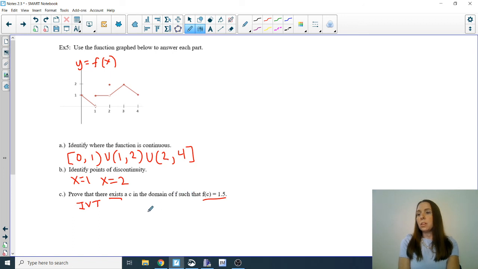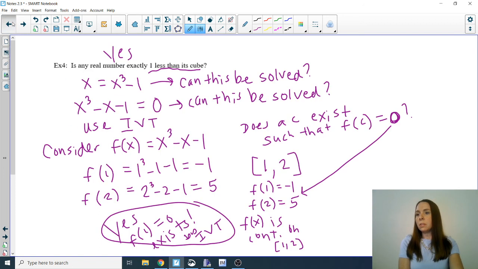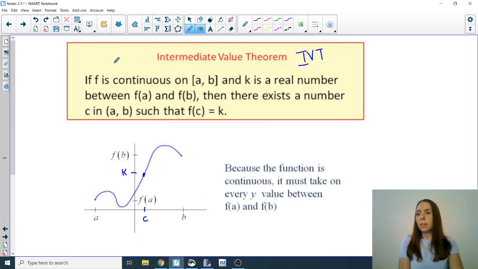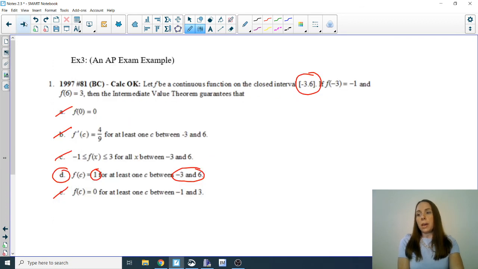Okay, so how are we going to do that? Well, we're going to go back first of all, and look at the intermediate value theorem. It says that the function is continuous over some interval, and the function value, look at where the k was. It says k, but let's look down here in the conclusion. The function value is between the y-coordinates of the endpoints. So here's what I did.